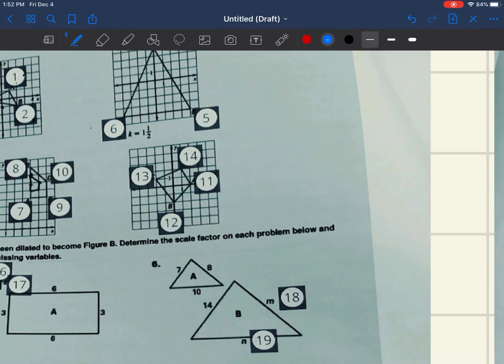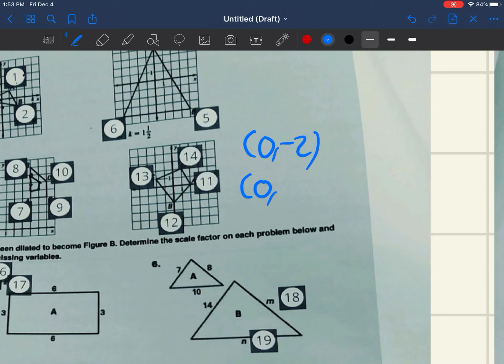Let's go over to number 12. Oops, sorry about that. Number 12 is right here. I'm going to pull off the coordinates. That is 0. I go down 2, so that's 0, negative 2. Then I'm going to take each of these numbers and multiply by 1.5. 0 times 1.5, well, that's just 0.